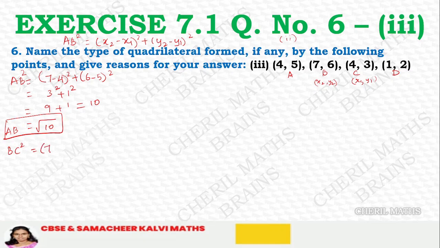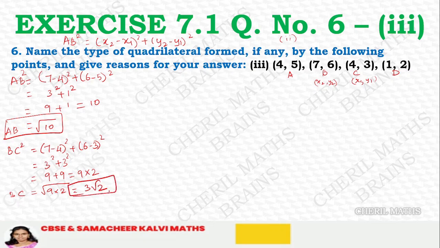So for BC it is going to be 7 minus 4 the whole square plus 6 minus 3 the whole square. So it will be 3 square plus 3 square, which is 9 plus 9, or I can write it as 9 into 2, because it is 18. So BC will be square root of 9 into 2, which is 3 root 2. So this is your BC.